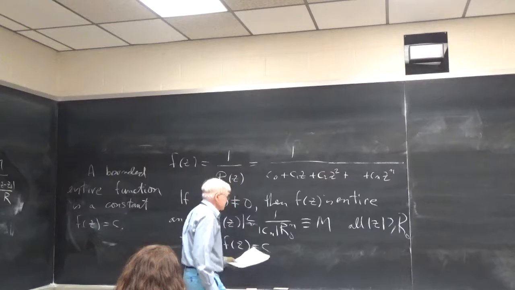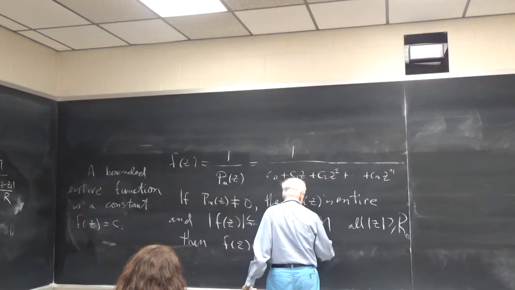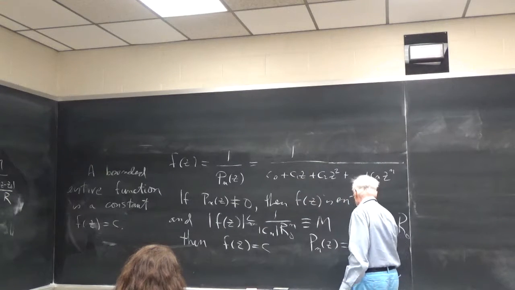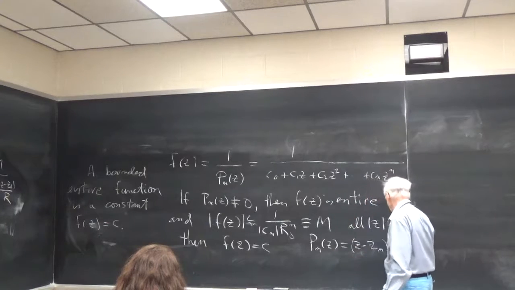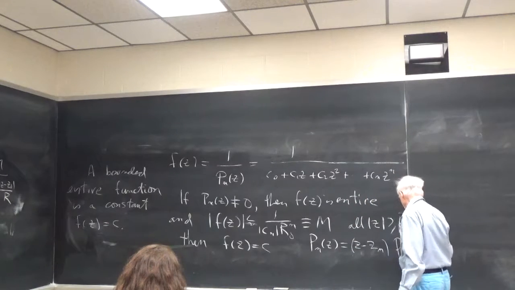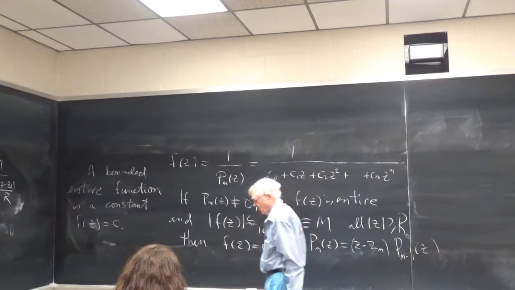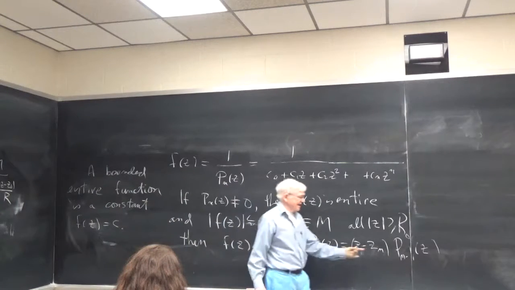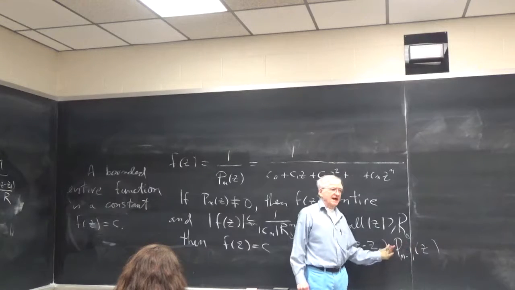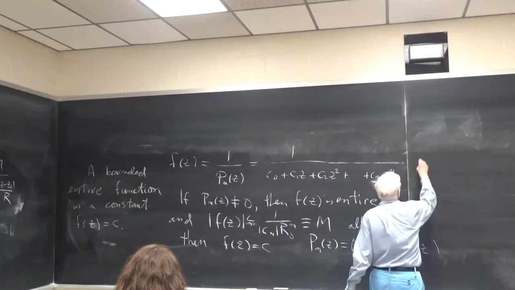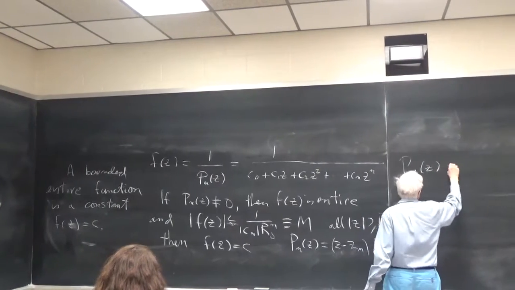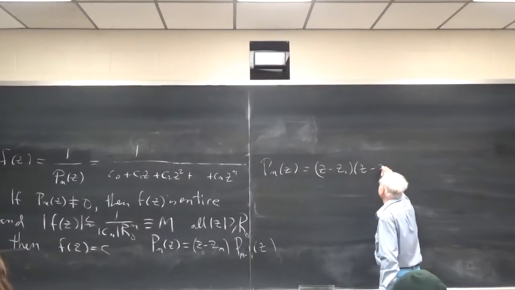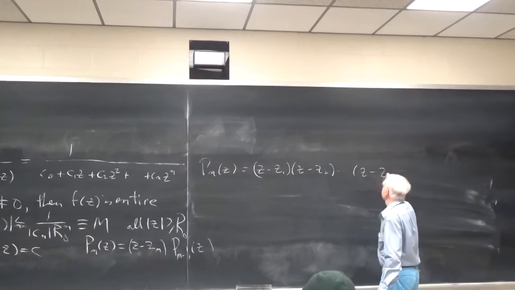And so then the next thing you do is you say, well, let Pn of z equal z minus z sub n, that's the point at which it vanishes, times some polynomial of degree n minus 1 in z. You then repeat the same argument and you find that this one has to vanish somewhere. And you pull that out, and so eventually you're able to write Pn of z as z minus z1, z minus z2, dot dot dot, z minus zn.